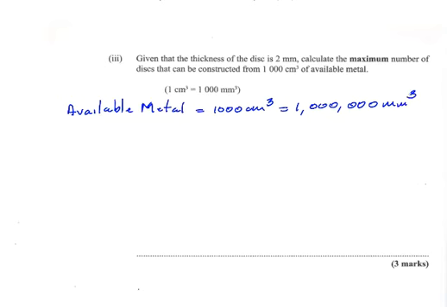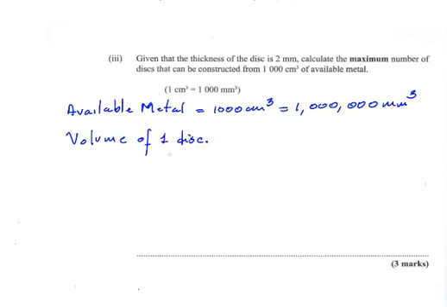So the amount of metal available to make the discs is 1 million millimeters cube. All right, so that is the volume. So let us now determine the volume of one disc.